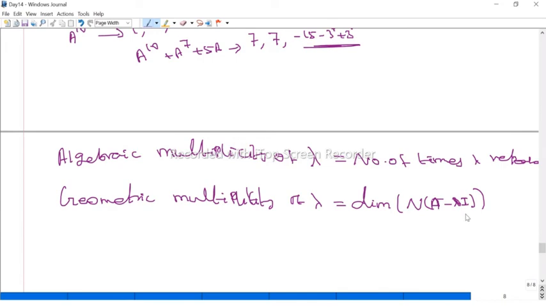So for any eigenvalue, we can talk about two multiplicities. One is algebraic multiplicity, another one is geometric multiplicity.